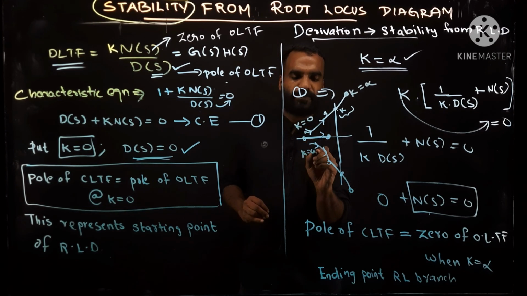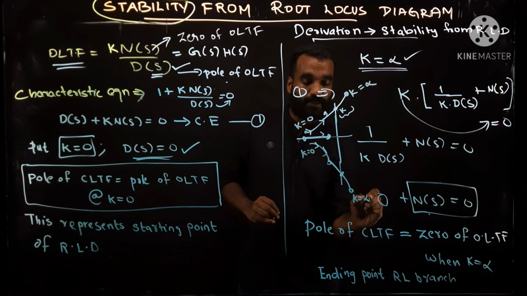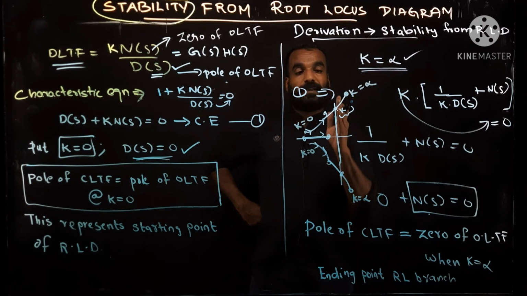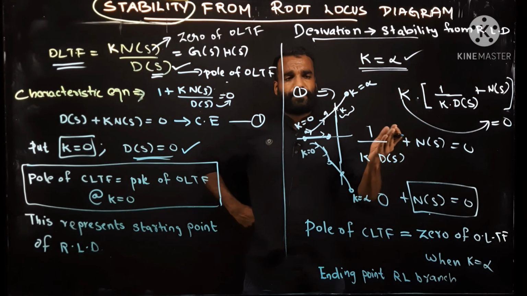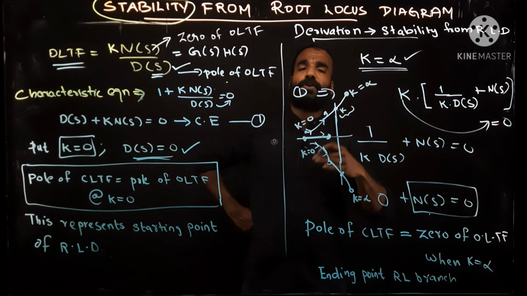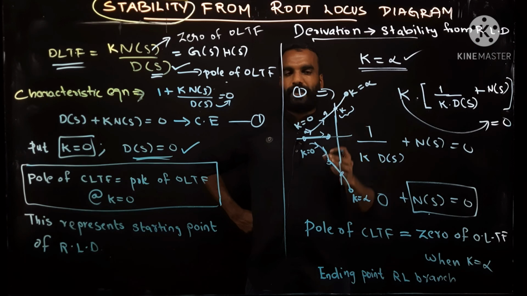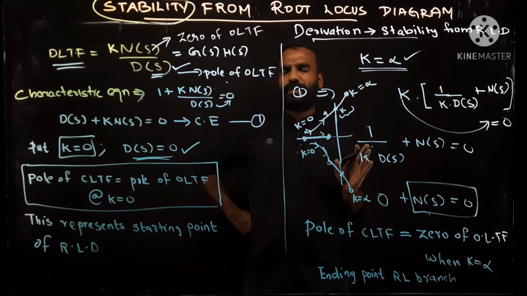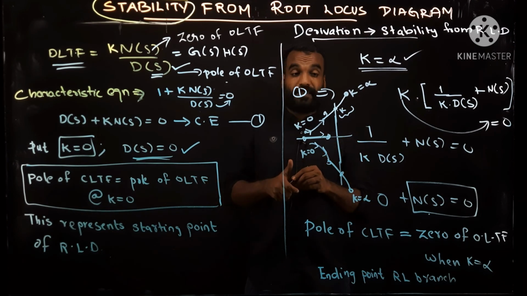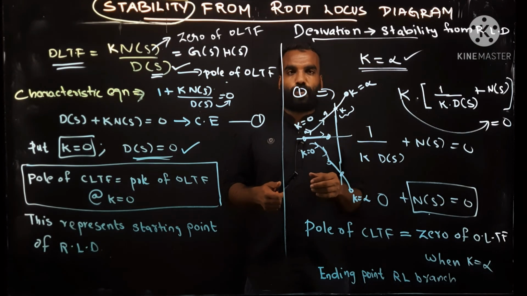For all branches we can mark K equal to 0 and K equal to infinity. But if that is extending beyond the imaginary axis and moving towards the right side, the system will become unstable. We have to limit K. That is the one and only concept for analyzing the stability from the root locus diagram.